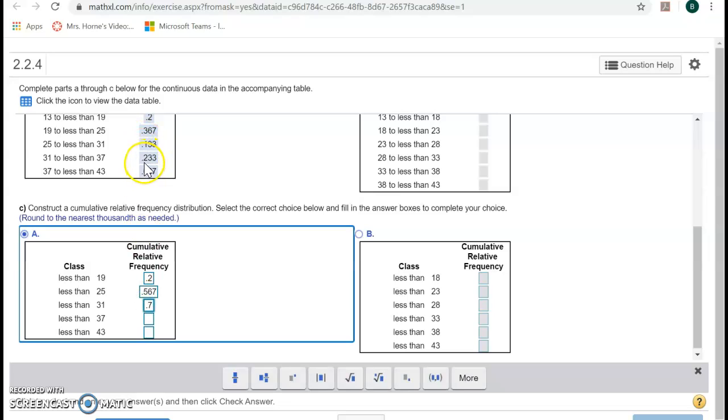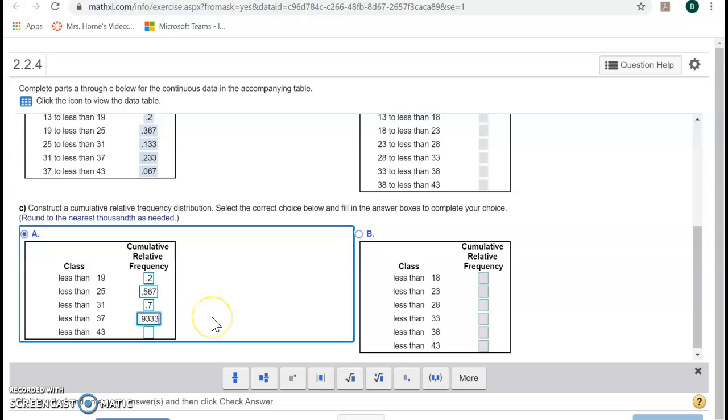And then 0.233. Well, I already know that these three classes add up to 0.7 because I just added those three. So now I need to add 0.233 to 0.7, and I get 0.933.